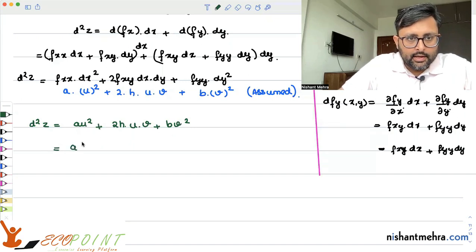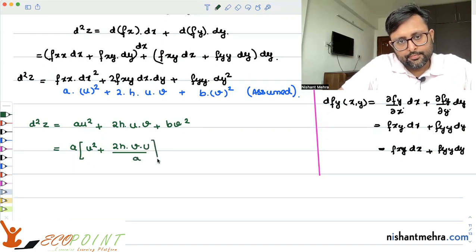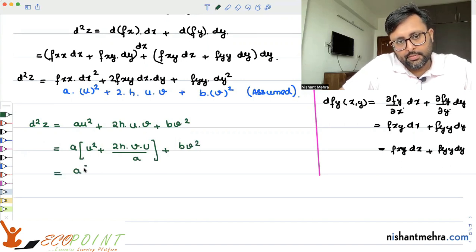Now I have to use it in a proper way. Can I take a common and write this as a times u squared plus 2h v into u upon a, plus bv squared? Now can I make this a complete square?